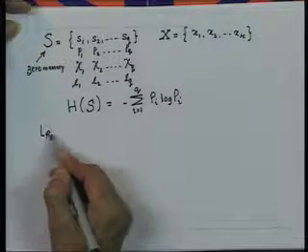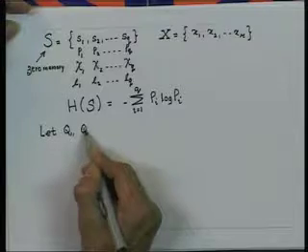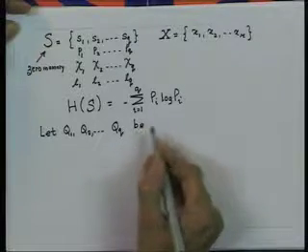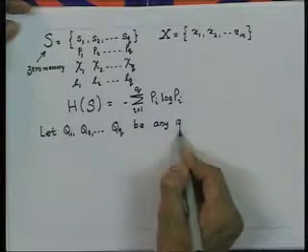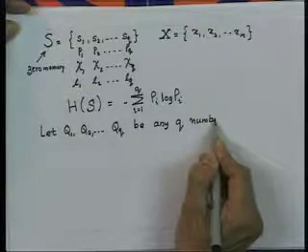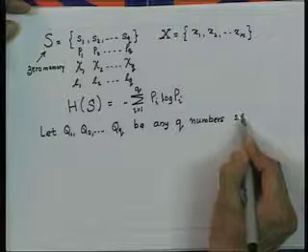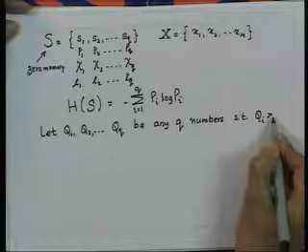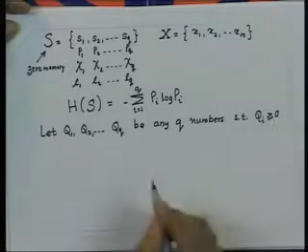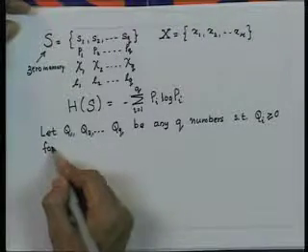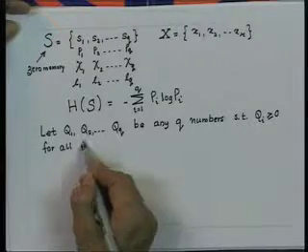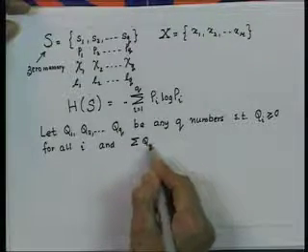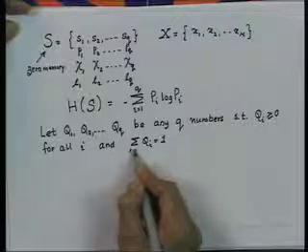Now let Q1, Q2 up to QQ be any q numbers such that each Qi is greater than or equal to 0 for all i, and we also assume that the summation of Qi is equal to 1.